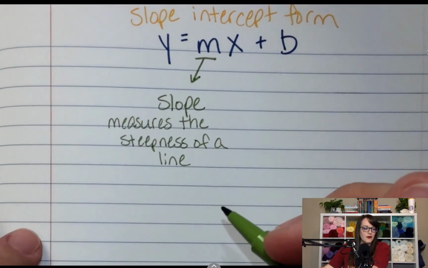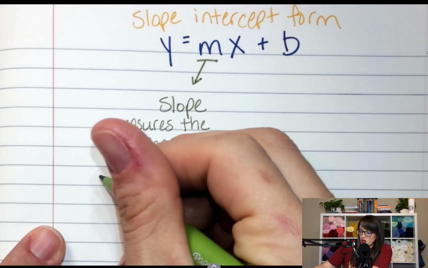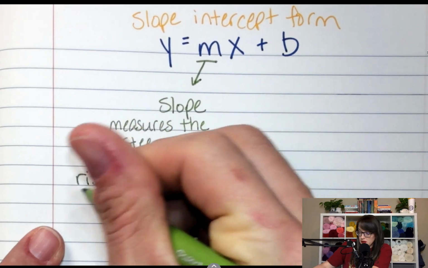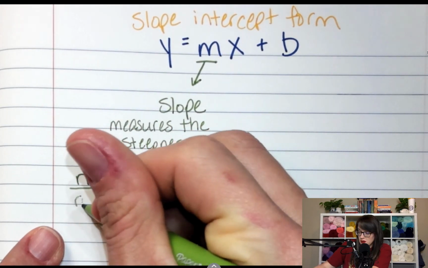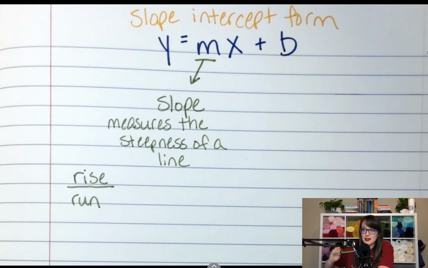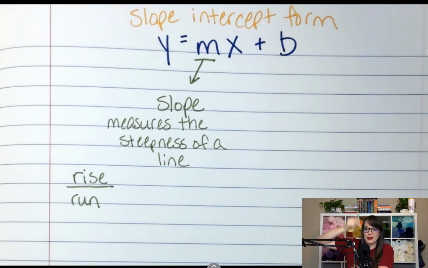You may have heard it called the rise over run. I know that's how I learned it. The rise is the x changing. I'm sorry, rise is y changing because the y goes up and down. So the rise is the y change. The run is the x change.